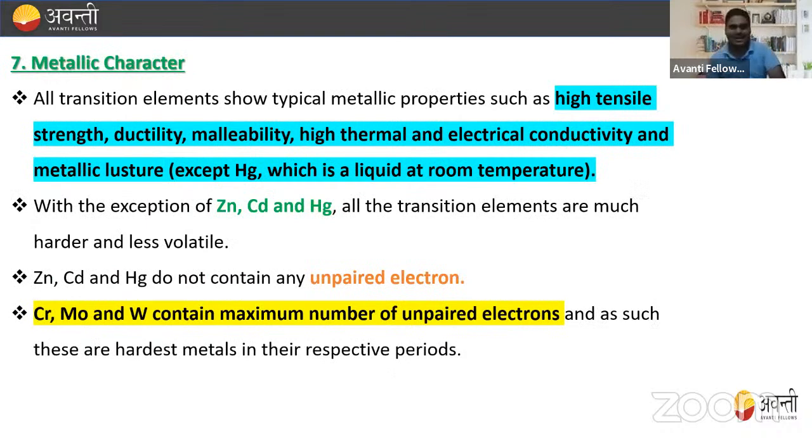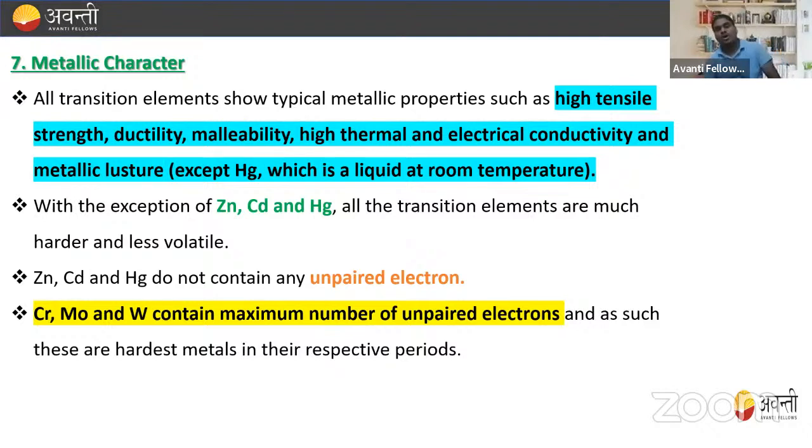Now, what is the metallic character of the d block elements? Let's see. All the transition elements show typical metallic properties such as high tensile strength, ductility, malleability, high thermal and electrical conductivity, and metallic luster, except zinc, which is a liquid at room temperature.